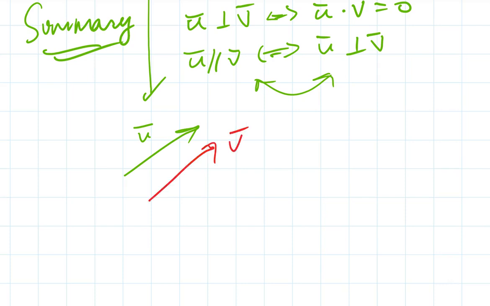So they're parallel. You can put one on top of the other, remember? So you can do u here and then v on top of it. And so the angle between them is 0. Okay? And so that's what's going on here.